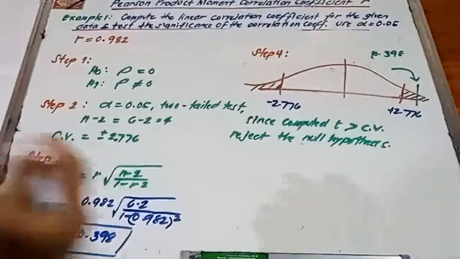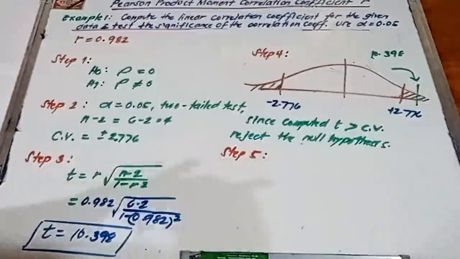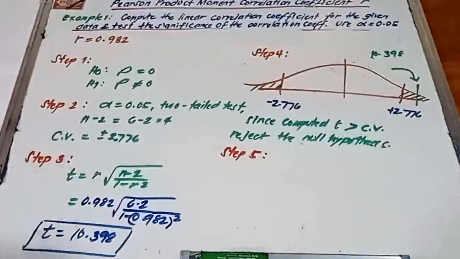And for our last step, we're going to summarize our result. And what is our conclusion? There is a significant relationship between the number of cars sold by the company to its income. Okay.